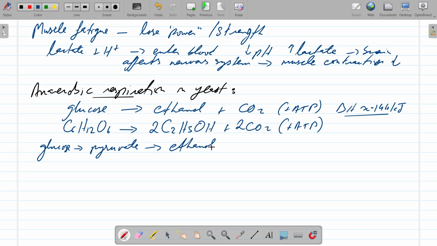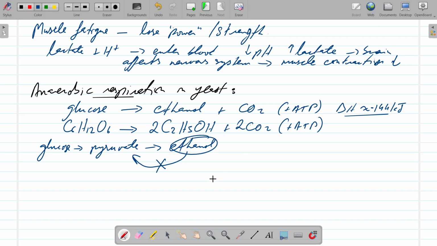It's not like glucose is being directly converted into ethanol. But the ethanol cannot go back to being pyruvate, and so it builds up. And if the yeast is kept in anaerobic conditions for long enough, it will die, not because of the lack of oxygen, but because of the ethanol, which is toxic.